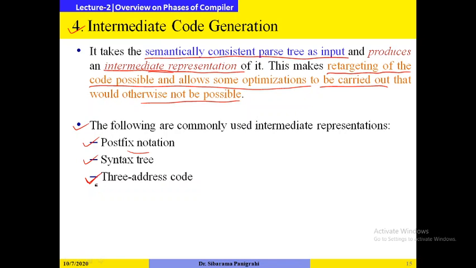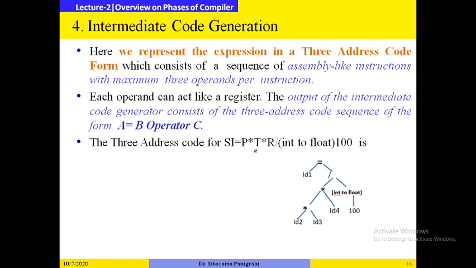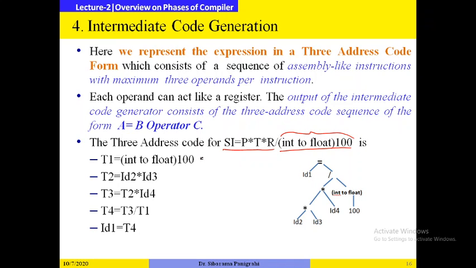In this example, I will give you the three address code for SI equal to PTR by 100. Here 100 has been converted into float, so that there will be no loss of information. What should be the intermediate representation of this? First we will convert integer to float.